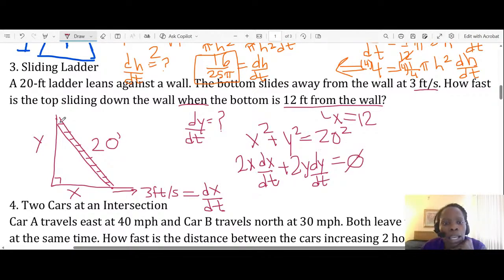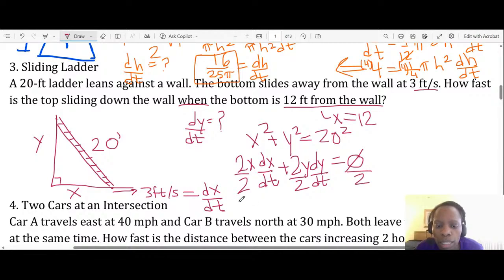Okay? And since we want dy/dt, we're going to get dy/dt by itself. But we notice that there's a 2 in common. And when we divide out by 2, we just get x dx/dt plus y dy/dt, so we don't have to keep multiplying by 2. Okay? So we're going to just divide by 2.